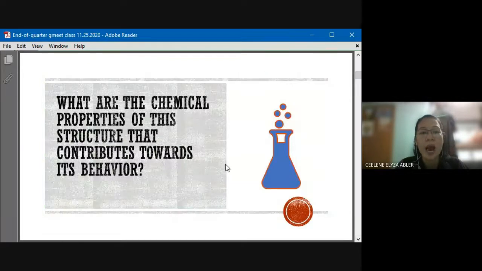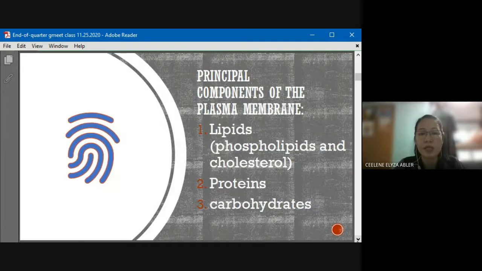So ano yung chemical properties ng structure? Okay, paano tayo nakaka-determine na sinong pwedeng pumasok, sino ang hindi? Okay, so let's determine first ano yung nasa loob niya. Okay, si plasma membrane class is made up of mainly talaga it's the lipids.